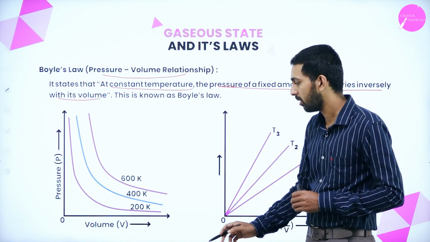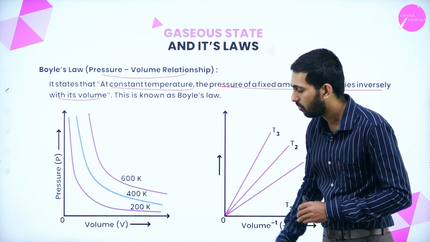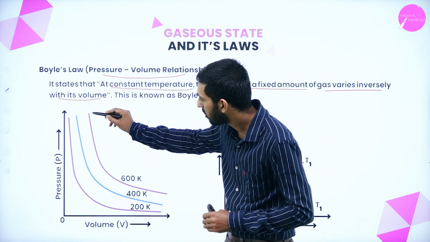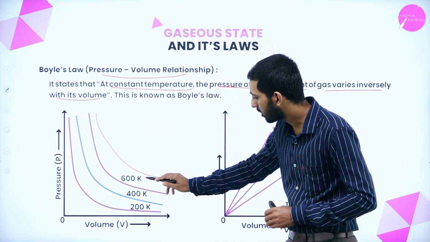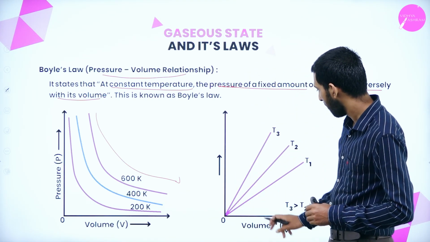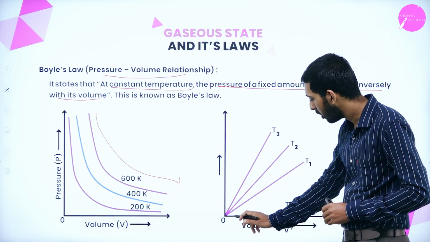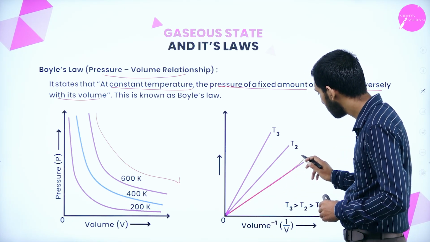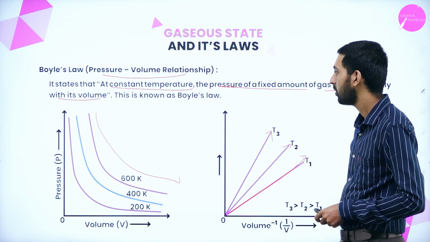Okay, here you see. From this graph, we will come to know about the pressure as well as volume. Here you see 600 K, 400 K, 200 K. But here I have taken temperature and volume. As volume increases, temperature goes on increasing. We should know this.